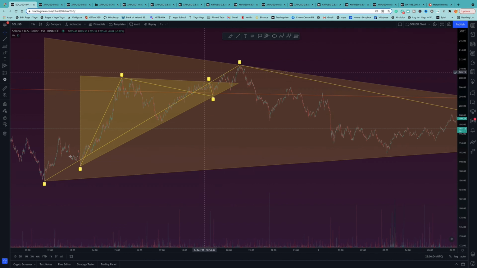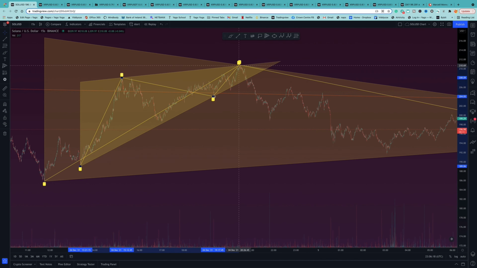So now, knowing this on the 30 second, when I map this out on the 15 second, tells me that there's one more top to go. If we wanted, we could even catch the peak.